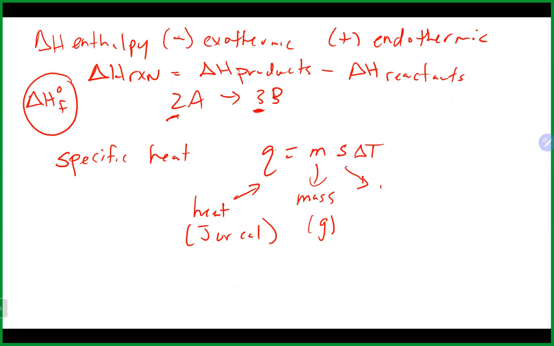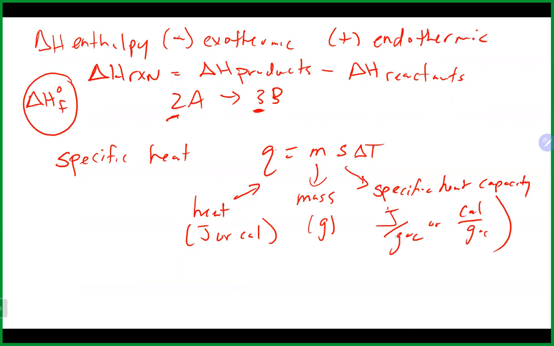S is the specific heat capacity, which has units of joules per gram per degree Celsius, or calories per gram per degree Celsius. And our delta T is always final minus initial, and that can be in degrees Celsius, because our specific heat capacity is usually in degrees Celsius, so we can leave it like that.